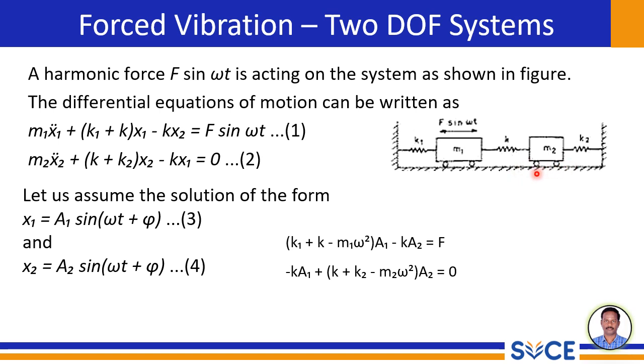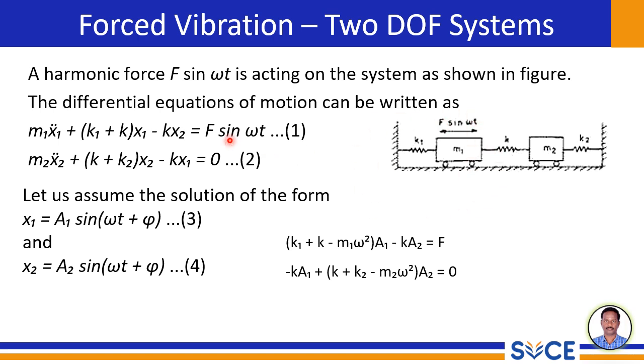The differential equations of motion for this system can be written as m1 x1 double dot plus (k1 plus k) x1 minus k x2 equal to F sin omega t. This equation represents forces acting on mass m1.